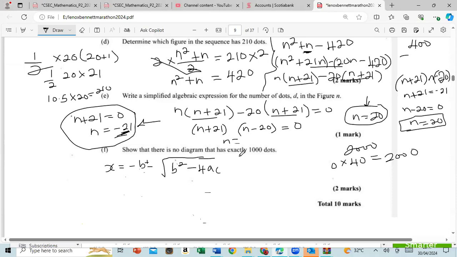So if we equate this, we're going to have n squared plus n over 2 equal to 1000. And then similarly just multiply by the 2. So I'm going to end up with n squared plus n equal to 2000.